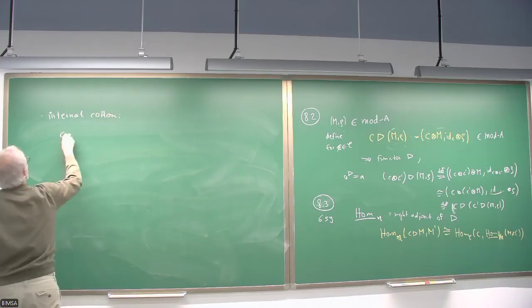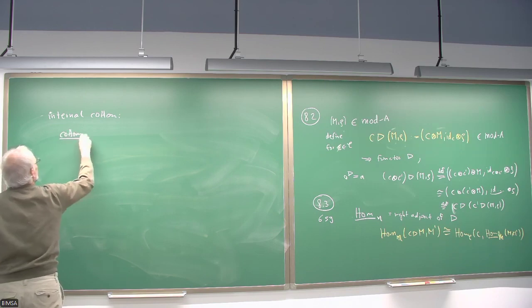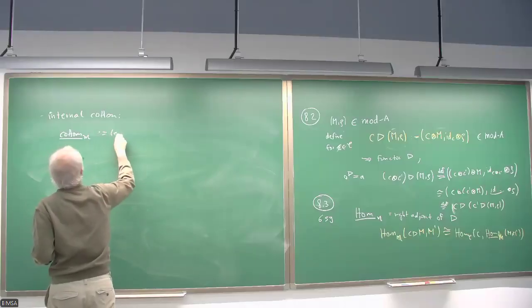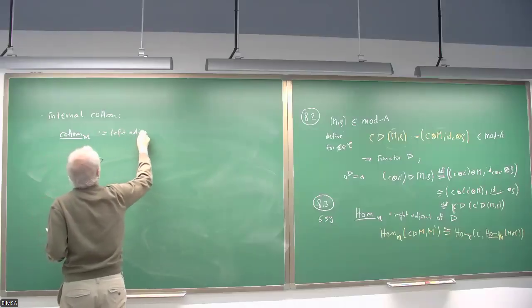So this is a functor with the right adjoint, the internal cohom, in index M, if we want to specify M, and this is just the left adjoint of the action functor.